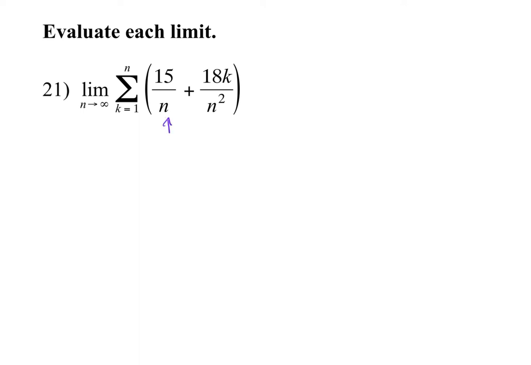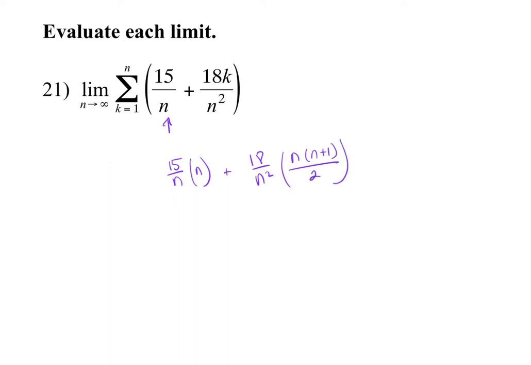So I'm going to multiply 15 over n times n. All right. 15 over n is a constant. 18 over n squared is a constant. And then I'm going to replace that k with my summation formula, which is n plus 1 over 2, right?